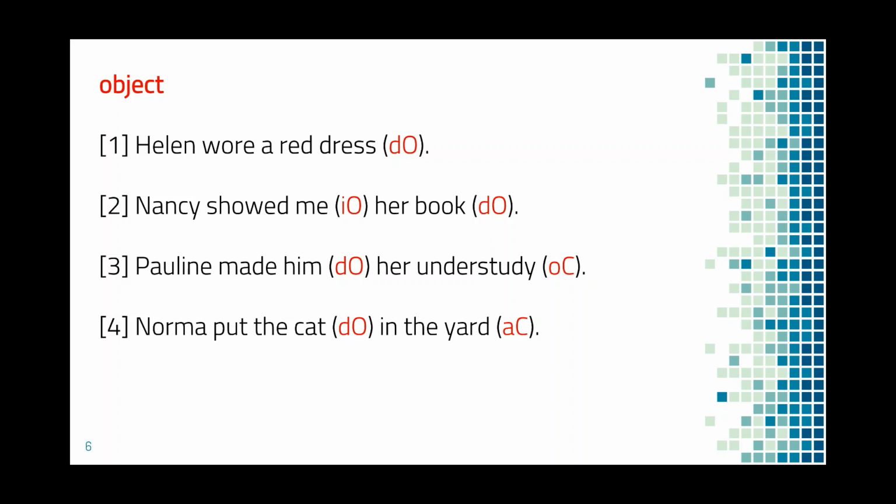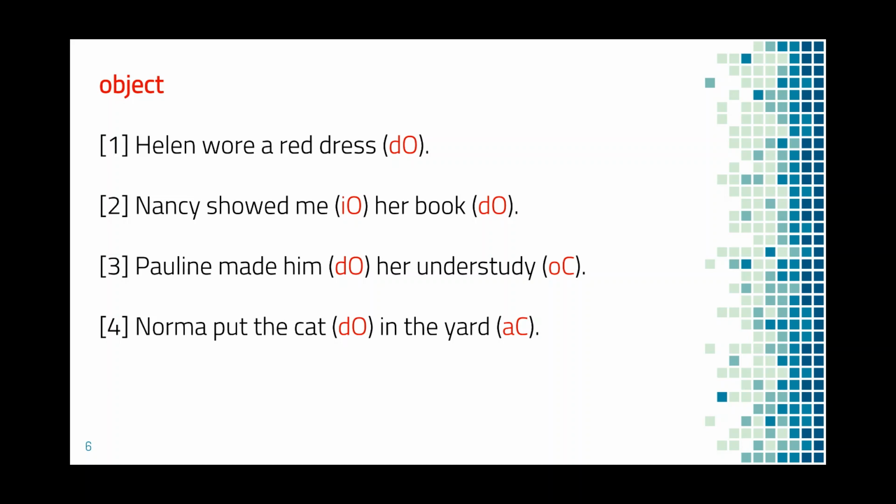Sometimes transitive verbs allow or require object complement. As in example number 3, Pauline made him her understudy. Now him, this is a direct object. Her understudy is object complement. And in a few minutes we will explain what object complement is.